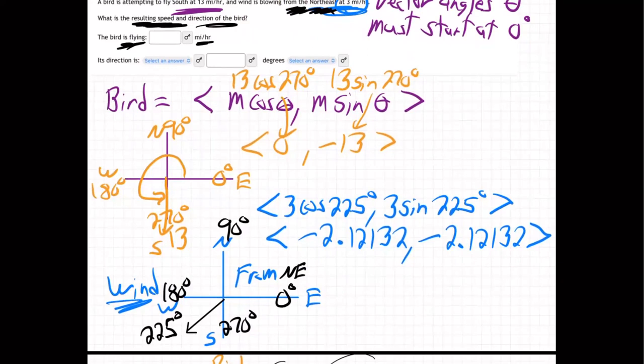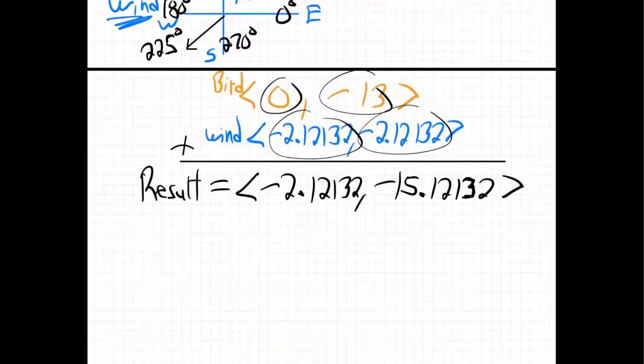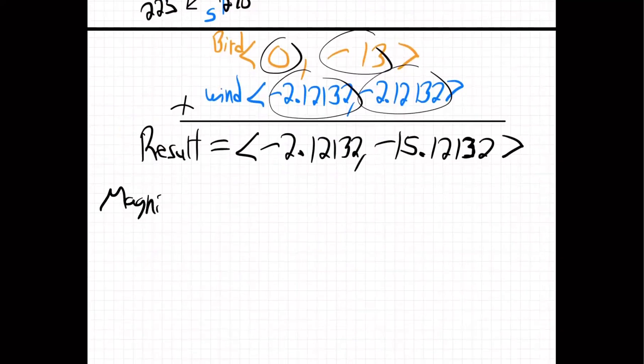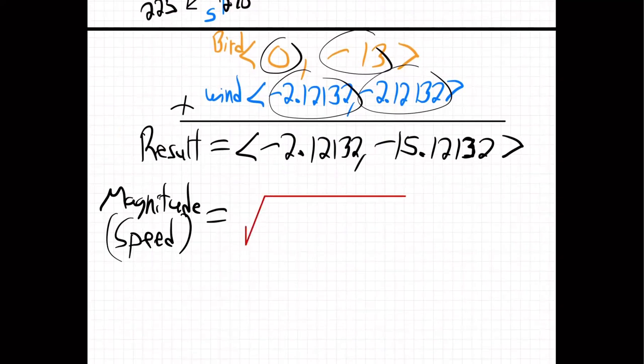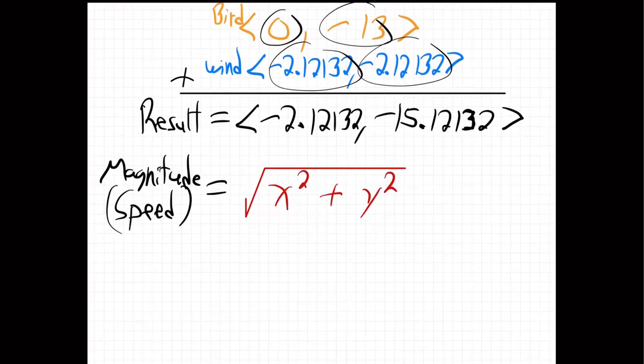Now, what's that? That's the magnitude. Do you realize that's the magnitude, the speed of the bird? So the magnitude of a vector is the square root of x squared plus y squared.